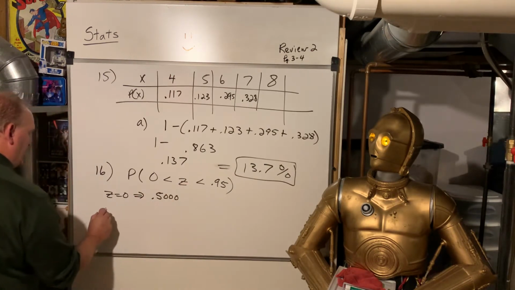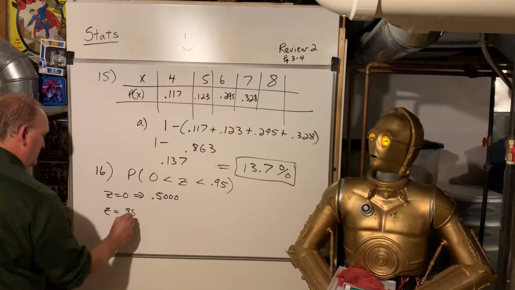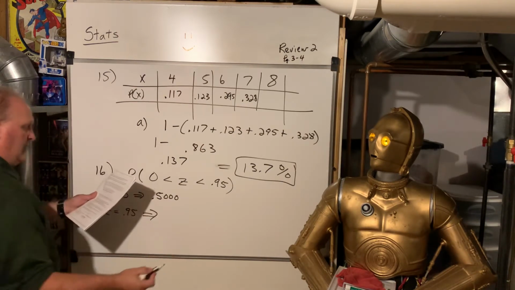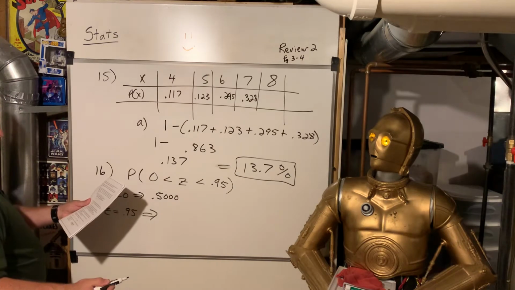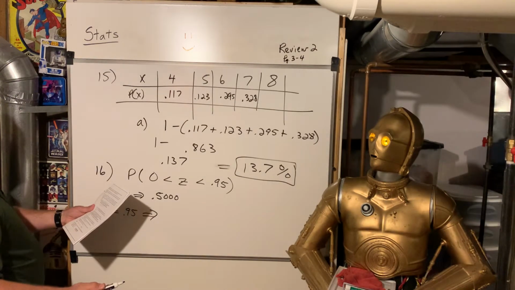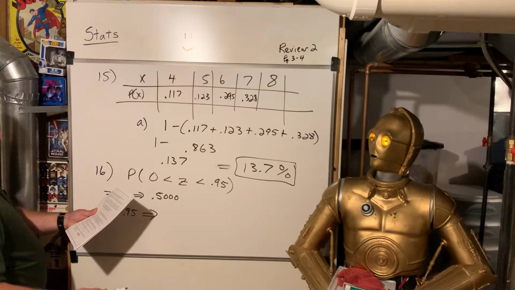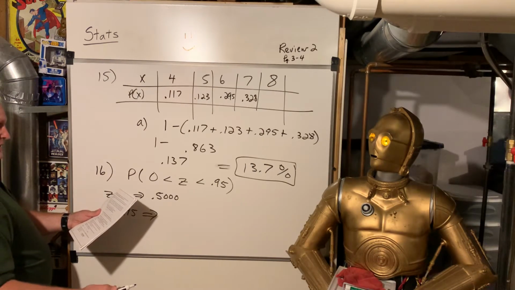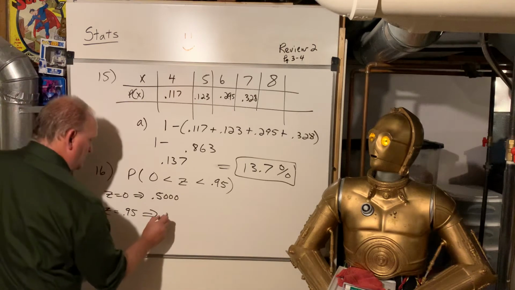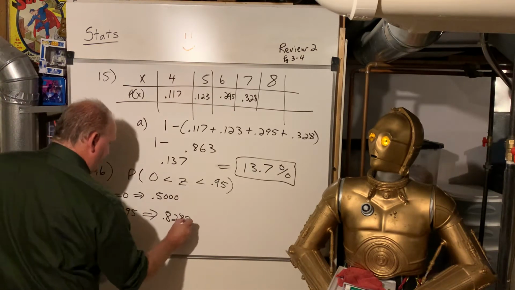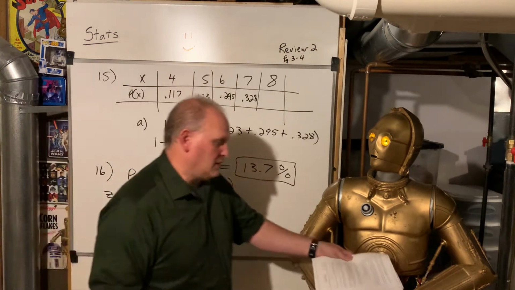We look up 0.95 on our chart, and 0.95 gives us 0.8289.